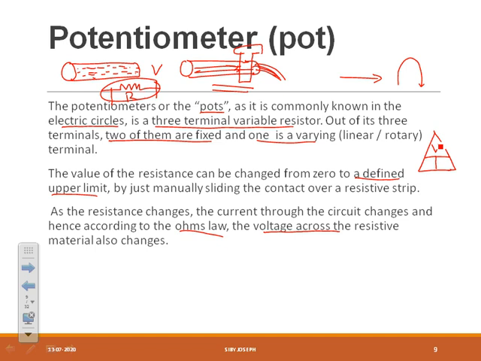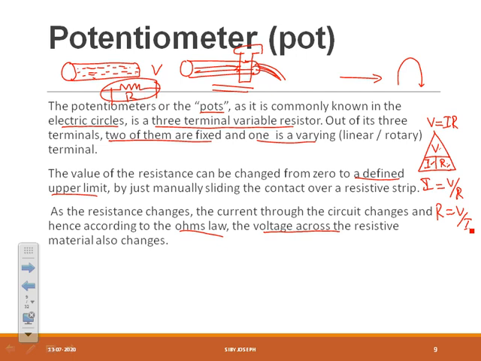The upper portion is V, and here it is I and R. If you want to calculate V, we write V is equal to I into R. If you want to calculate I, I is equal to V divided by R. If you want to calculate R, R is equal to V by I. So this is Ohm's law.